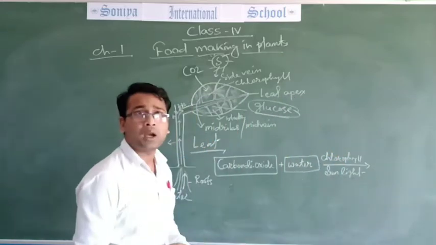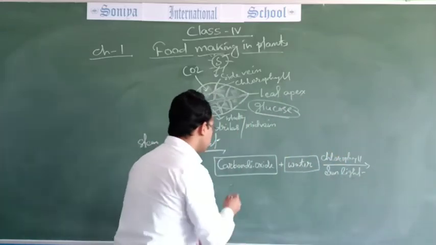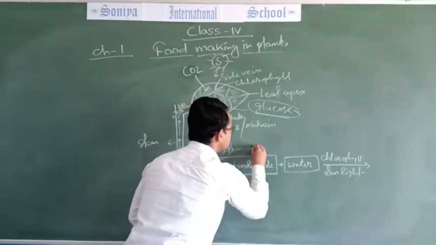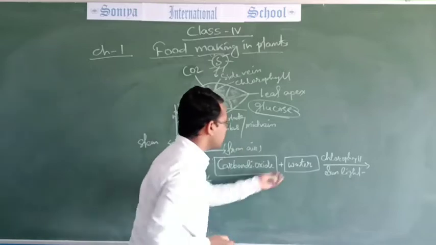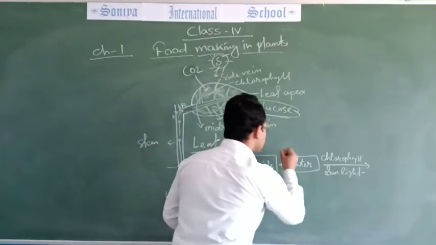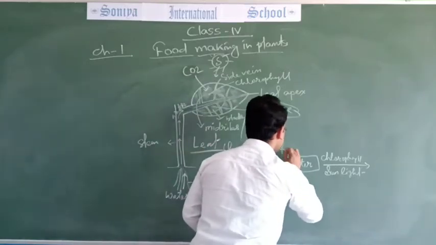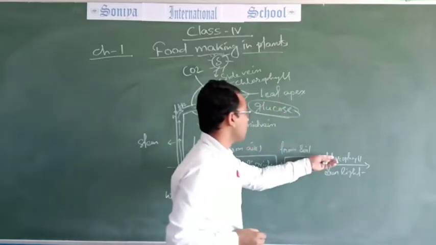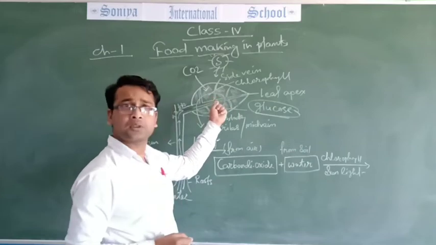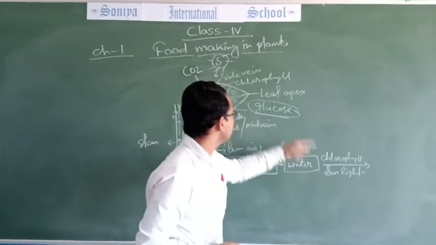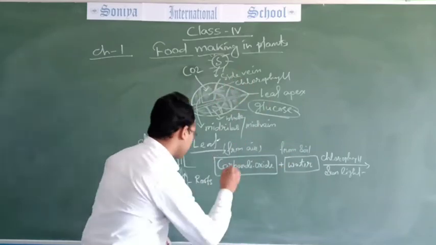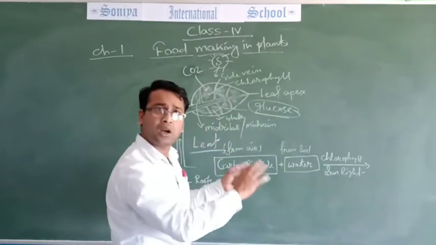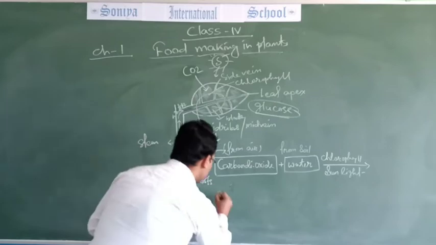Carbon dioxide from air, water from soil, chlorophyll is in leaves, sunlight from sun. This process is called photosynthesis. And what will form?